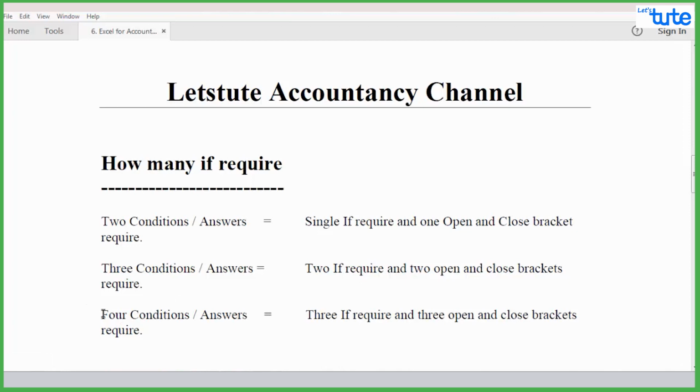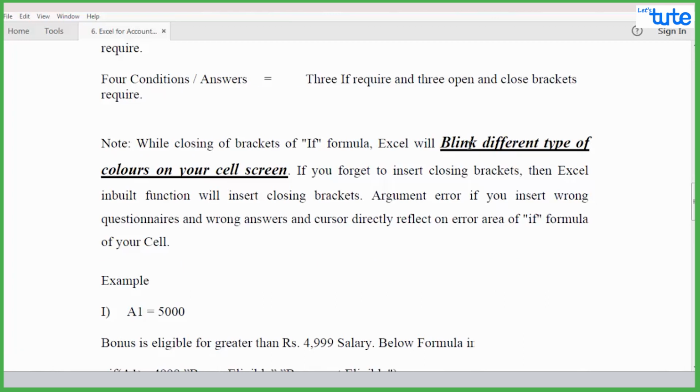If four conditions are there, four answers, then three IFs are required. Now, we will move to the Excel formula. Please note that whenever you close the bracket, Excel will blink the opening bracket. We will see it in our actual practice in Excel.